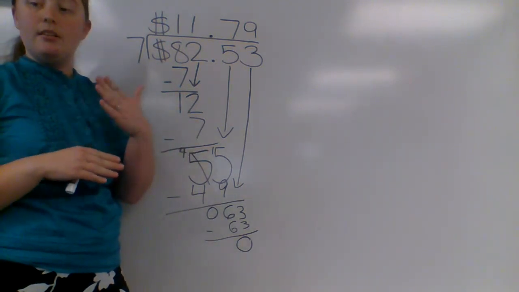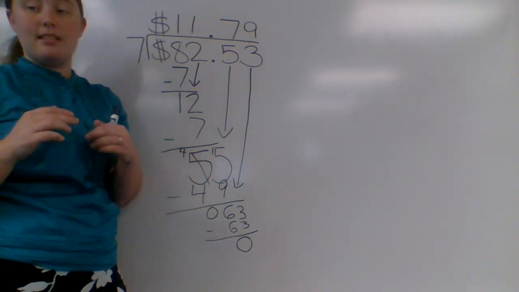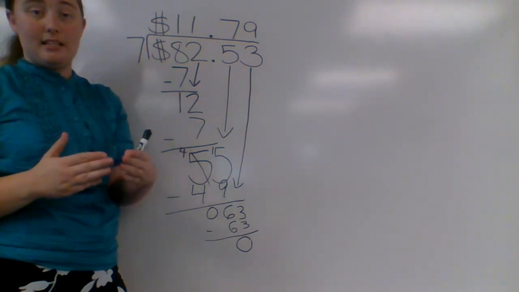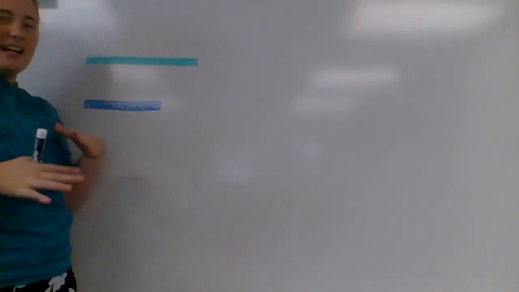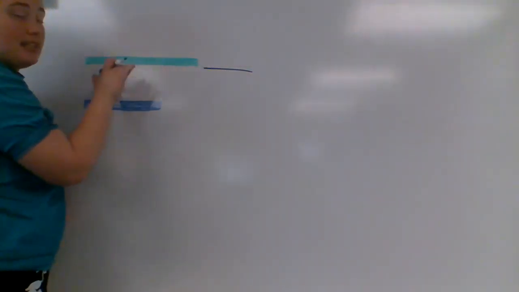Okay? Number 3, they want you to measure those lines, and they want you to tell how much longer that green line is than the blue line. So if I have, for example, I put a green line and a blue line up here. Now, I didn't have any kind of specific measurements. This is just an example problem. They want you to write how long this is.